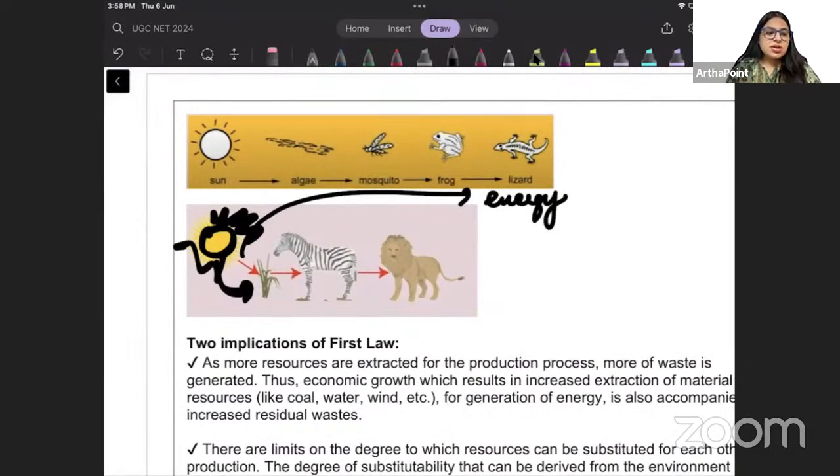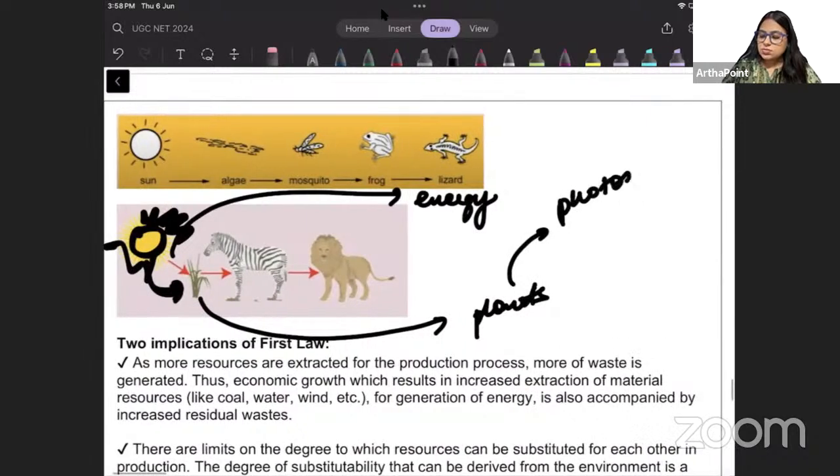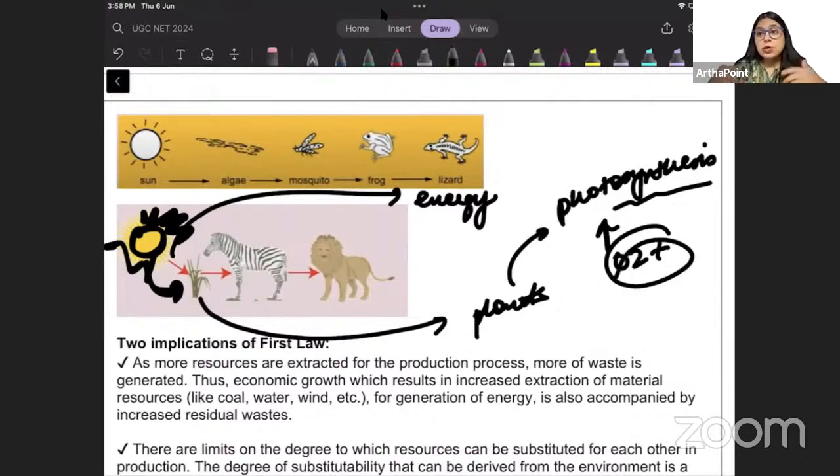When this happens, then this will go to your plants. The plants will use the process of photosynthesis, right? And using the process of photosynthesis, the plants will get energy. वो oxygen release करेंगे. The plants will grow. Sunlight में ही grow करते हैं. Now, once the plant grows, it is eaten by an animal, right? This animal gets energy.